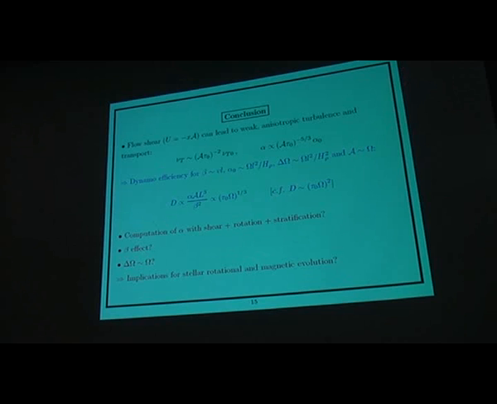So if you used that here, it would make this rotation dependence even weaker, giving you a possibility for explaining why you have the saturation of magnetic activity for fast rotating stars.